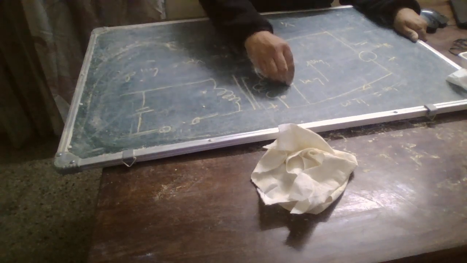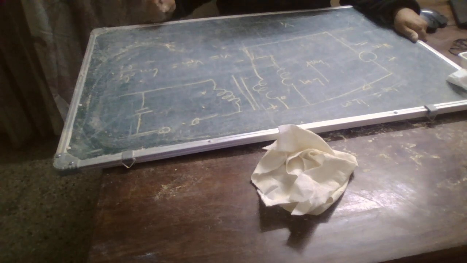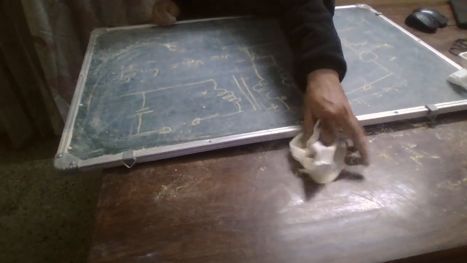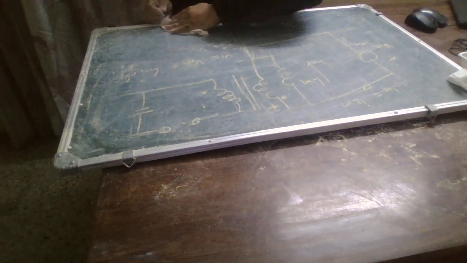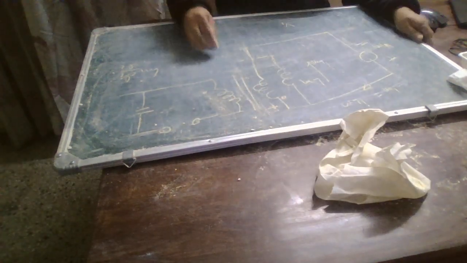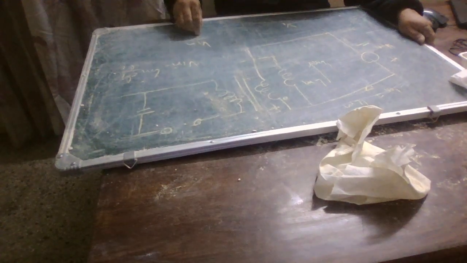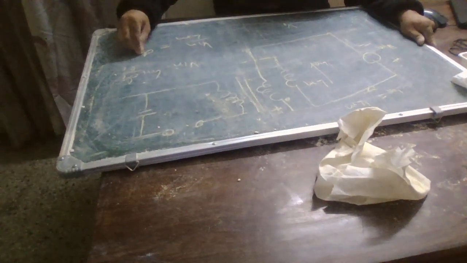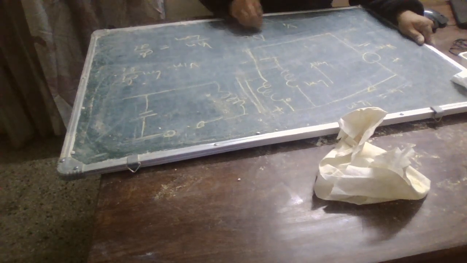Equal to what? LM, because we have taken LM di by dt. Like in all the previous converters we have been doing, we can very easily take LM down here and find the rate of change of current. That means we get V input upon LM is equal to di by dt, and this di is nothing but delta IL upon delta t.